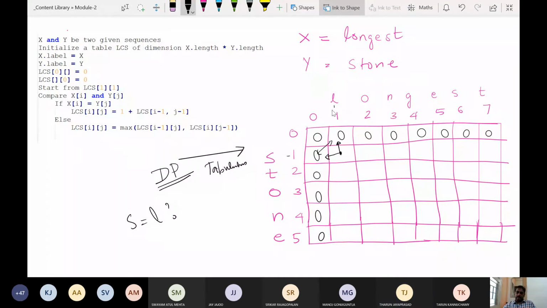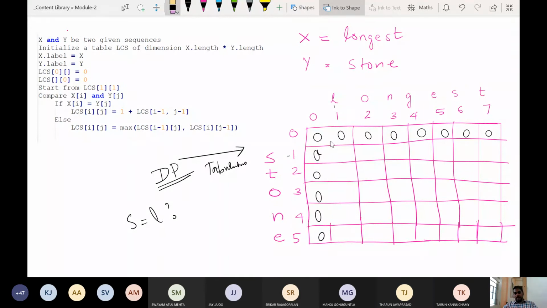Compare S and L. Are they equal? No. Go one cell up, go one cell left, compare these two values, write the maximum here. What is the maximum of 0 and 0? 0.